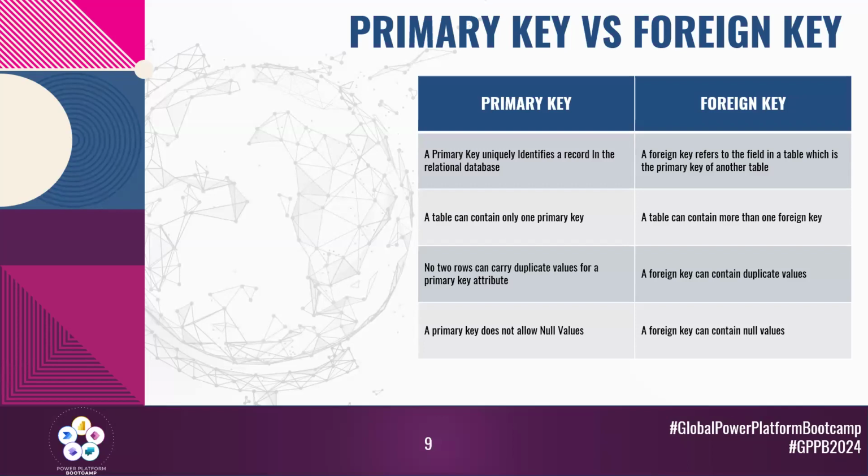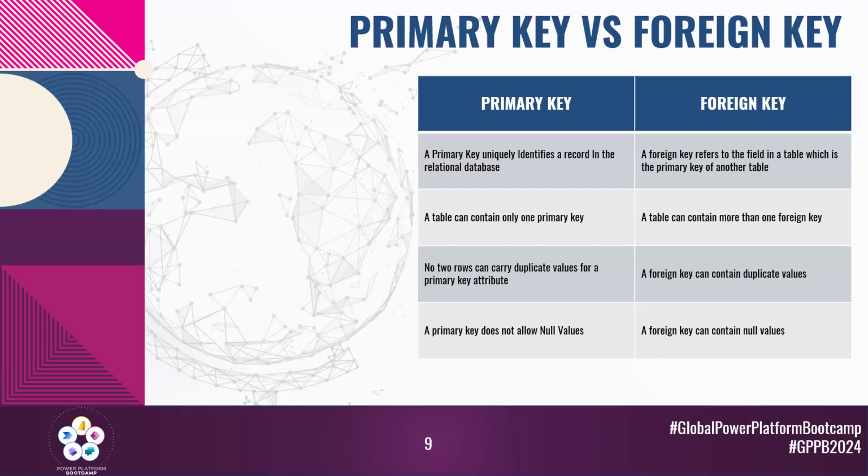A foreign key can be empty. You know why? It can be null. Let's say, for example, somebody creates an order on an e-commerce application, and you can just create an order and not put any product there, maybe by mistake or whatever.